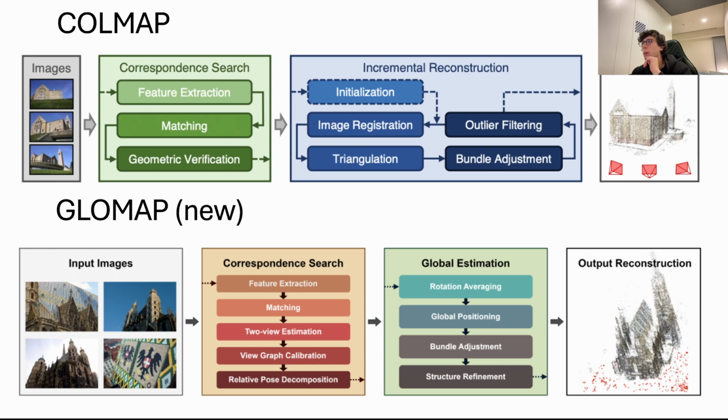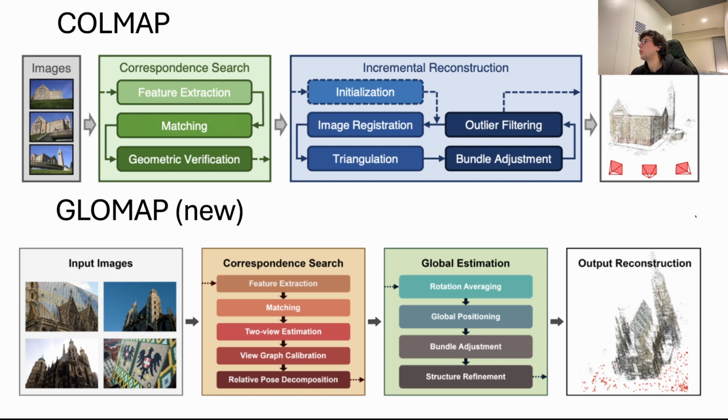And then for COLMAP, we have this incremental reconstruction. So basically, we reconstruct the 3D structure for an initial pair of images, and then iteratively add more images and ask, okay, what does the new image say about the environment? And so we proceed like that. But this is a very time-consuming method.